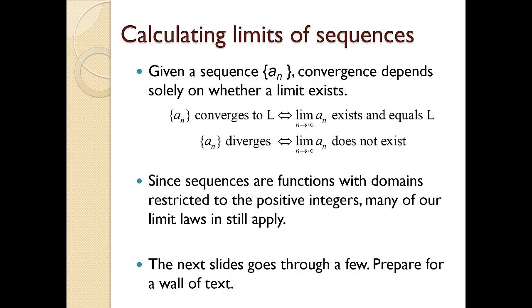So we say that a sequence converges to L if and only if the limit of the sequence exists, and that limit is L. If the sequence diverges, then that means that the limit of the sequence just doesn't exist.